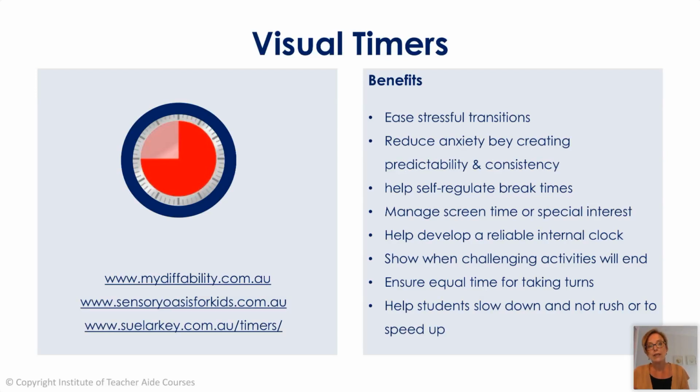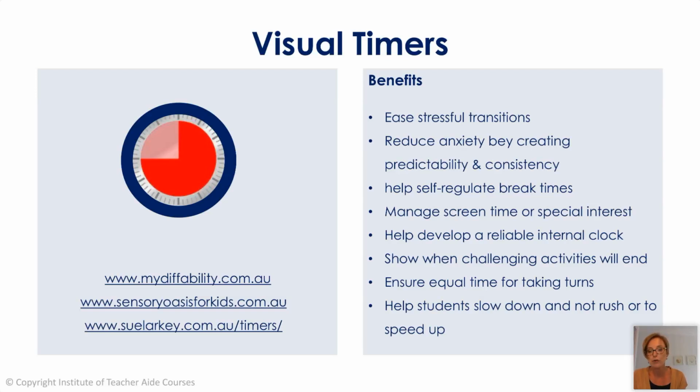One of the good things that I use timers for a lot in the classroom is managing special interests. So a lot of students with autism spectrum disorder and other neurologically diverse disorders have special interests, and we all have special interests, but they have significant interests in certain areas. And sometimes we use those as motivators. So they do their non-preferred tasks first, and then we use a visual timer to say, okay, you can have your preferred item, your preferred activity for 5 minutes, 10 minutes, whatever it is.